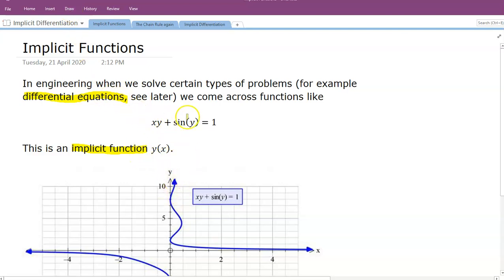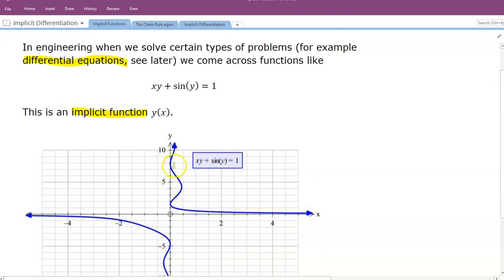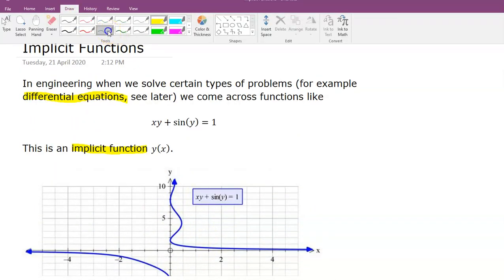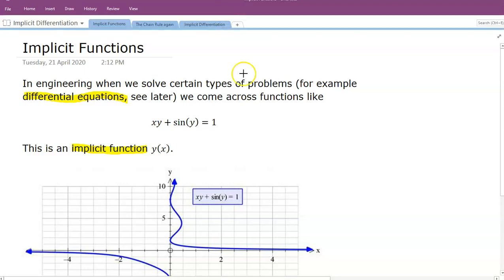For instance, this implicit function here, if I put it into my graphing software, will give me this blue curve over here. The way the computer works that curve out is it will basically choose some values of x.